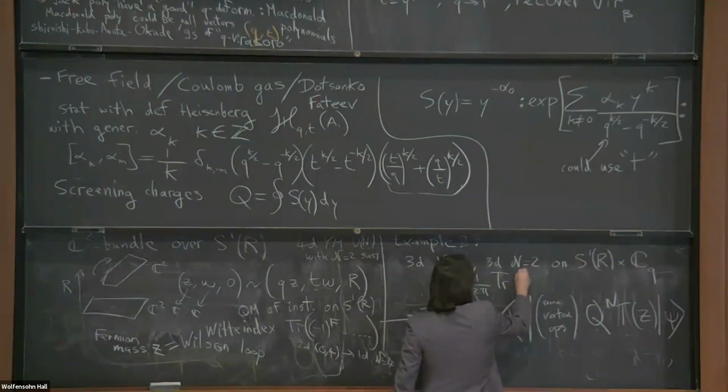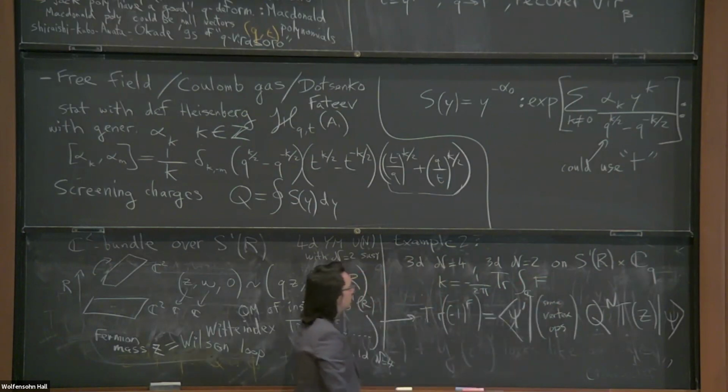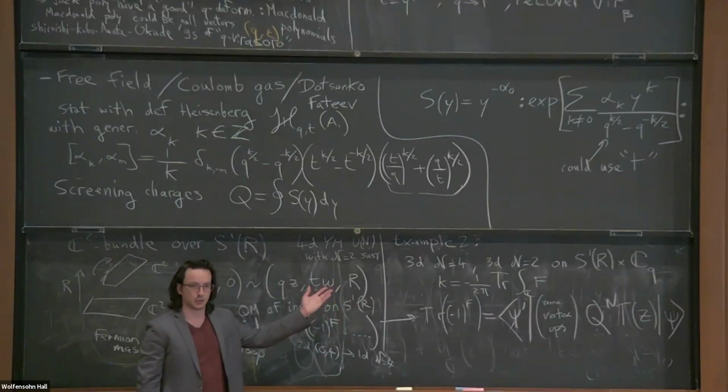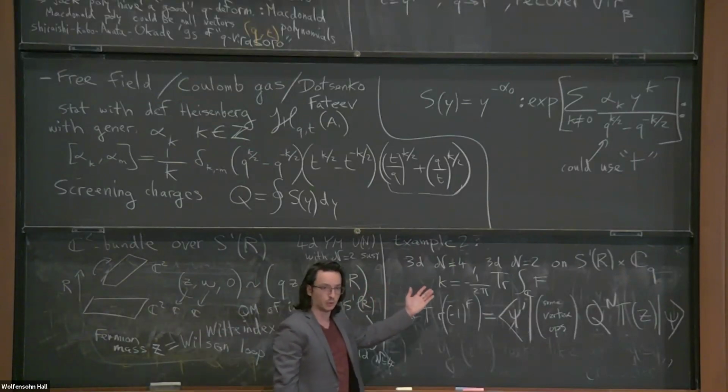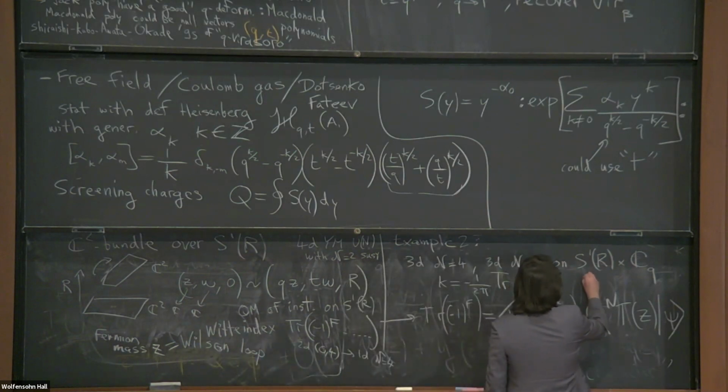Let me take the C here to be transverse to the circle. So we have an integer called the vortex charge in the gauge linear sigma models, or 3D on a circle. And let me ask what happens when I change the vortex number.